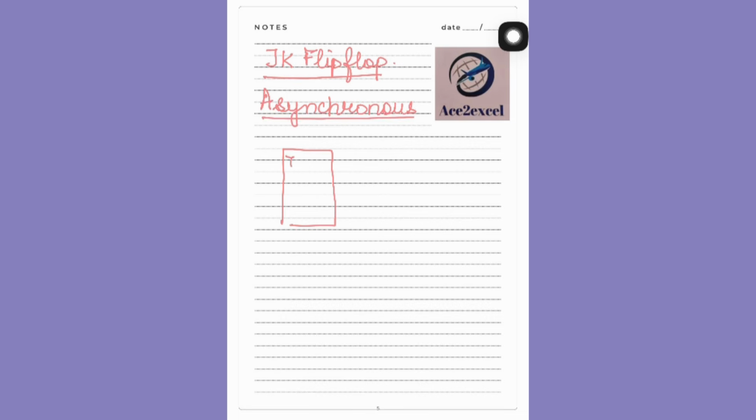It is JA, KA, definitely QA, QA bar, and let us say we are making it for 2 bits, JB, KB, QB and QB bar. Now we are making it as up counter. Clock will be positive. Output of one acts as clock to the other, as asynchronous counters do not have the same clock throughout.